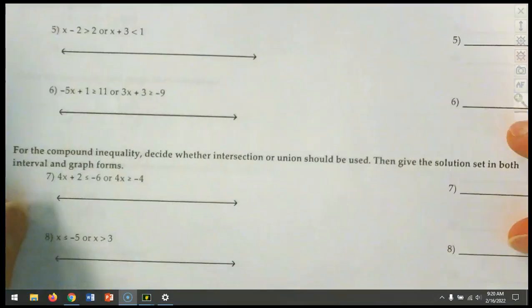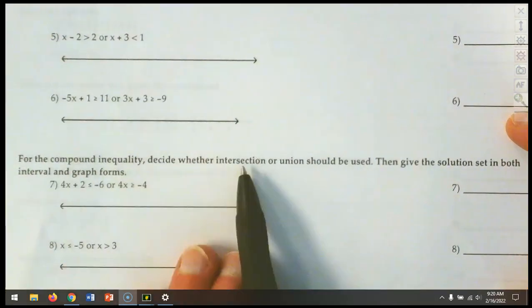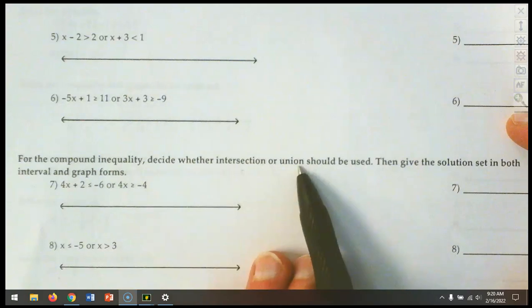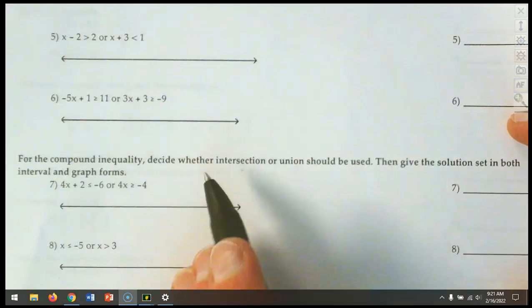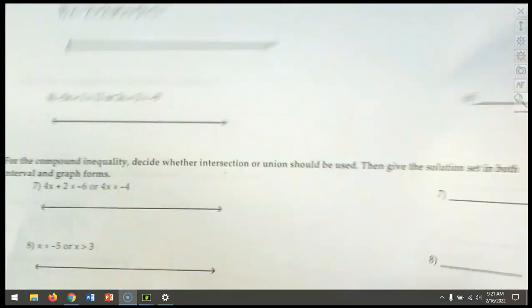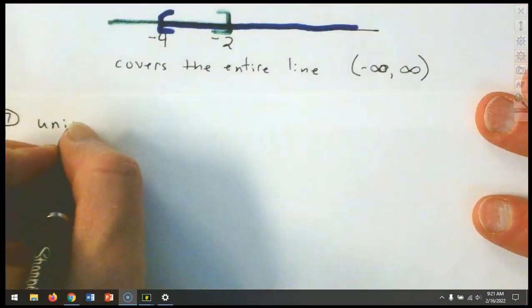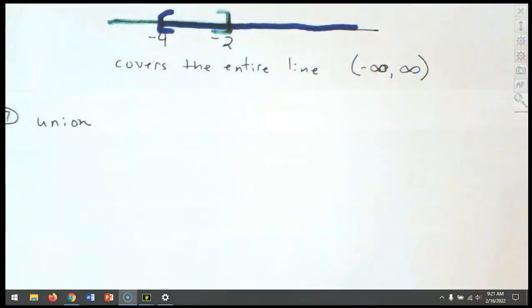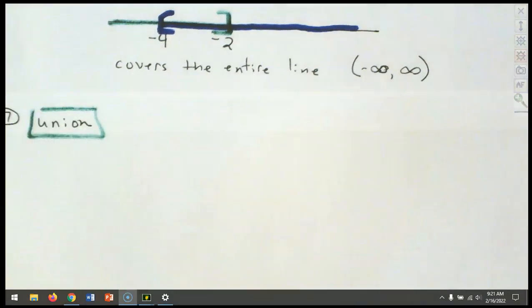So it says on question 7, for the inequality, decide whether it's an intersection or a union, and then give it in both interval and graphical form. So ours is an or. What does an or go with? Union. So the first part is going to be the answer of union. So it is a union.